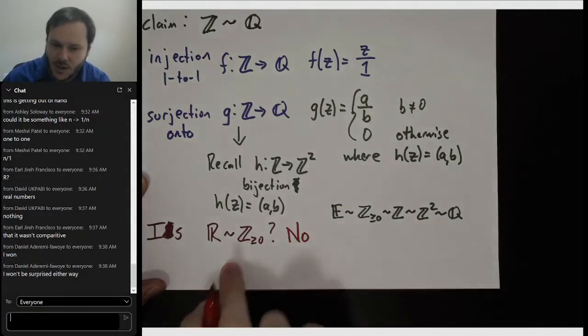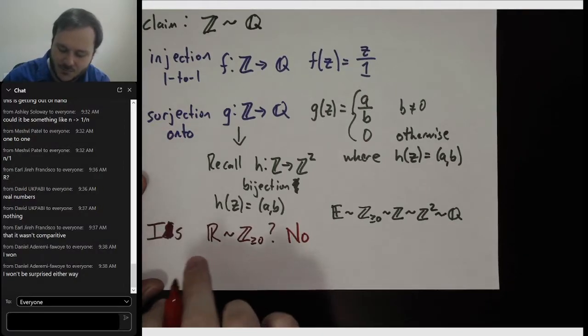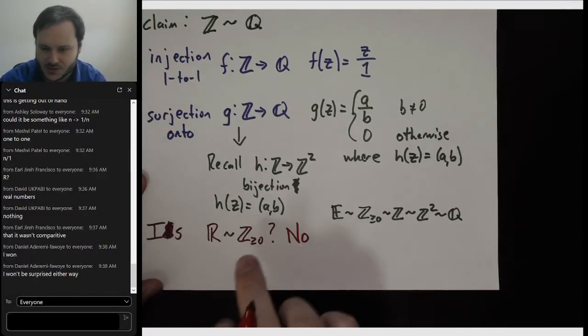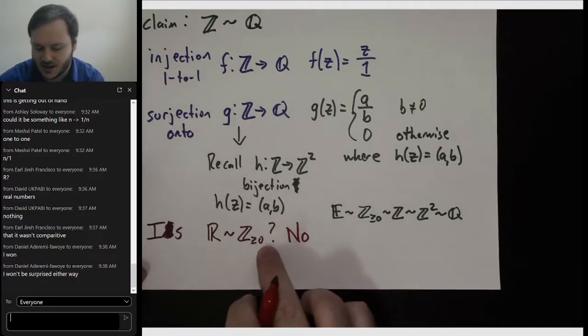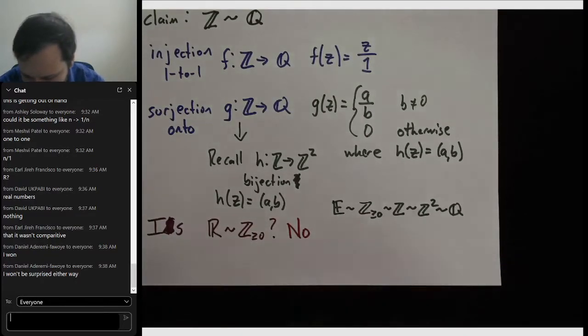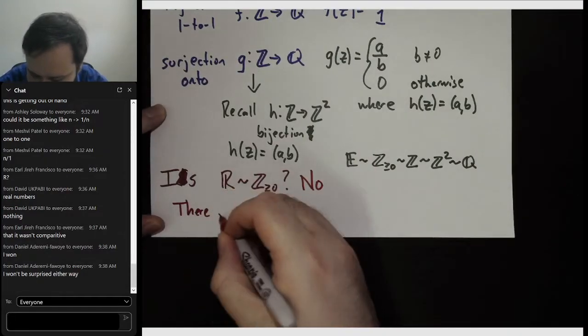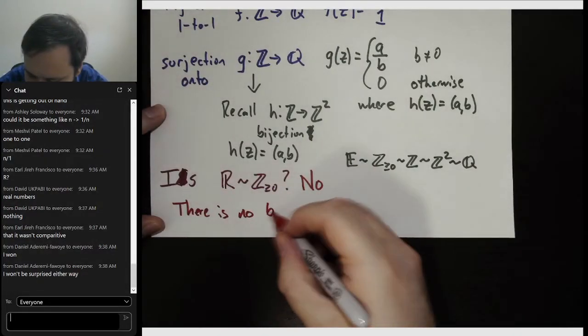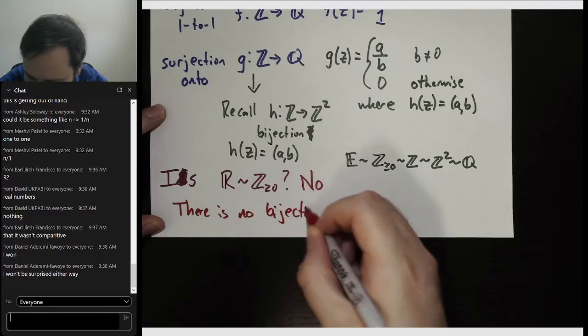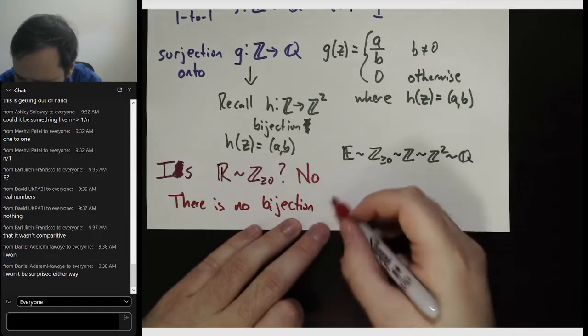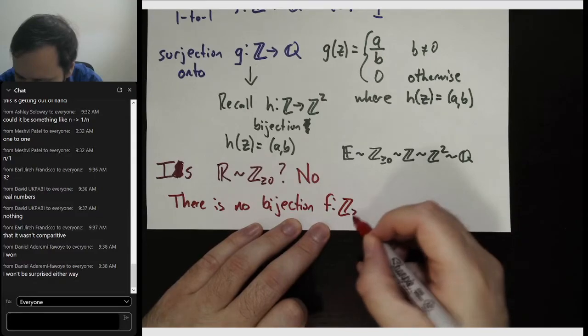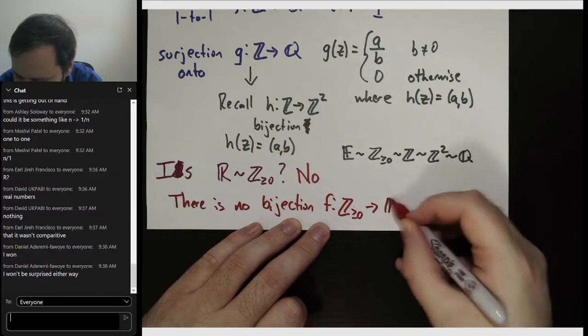There is no bijection between the real numbers and the non-negative integers. And I'm going to prove it. There is no bijection f from the non-negative integers into the real numbers.